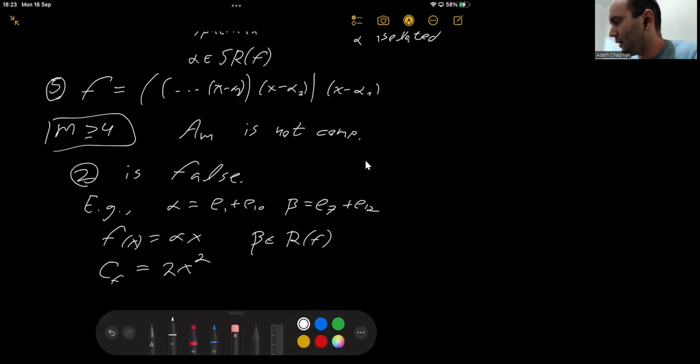So you have 2x squared. So if you plug in beta here, you just get 2 times beta squared. Beta squared is -2, so you get -4, and that's not 0. So beta is not a root of the companion polynomial. So that's a very easy counterexample to 2.